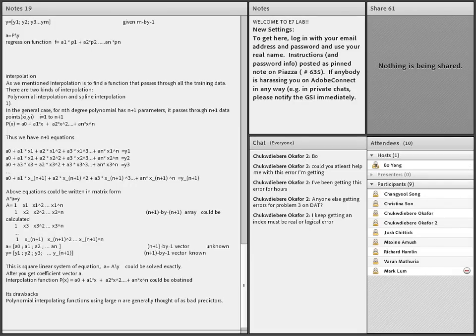In that case, just a small change at some data points will change the function greatly. So it is not a good prediction. You probably need to remember these drawbacks.